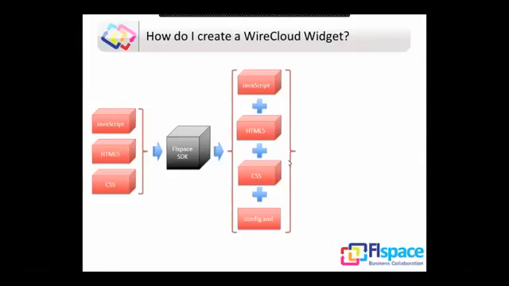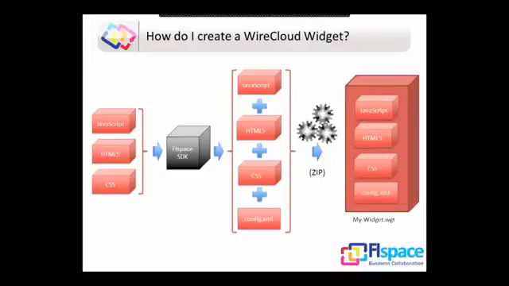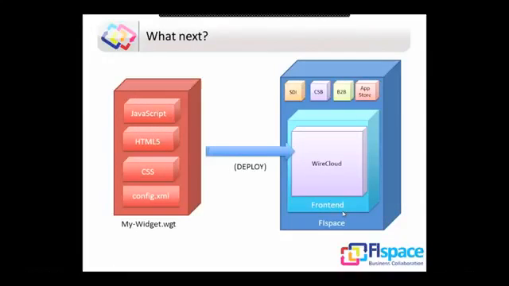The SDK will provide you the folder structure and the files needed to create a widget, and shipping it, giving it a special extension, you will have your first widget. And the last thing that you need to do is just go to the FISpace front end and go to the widget section, upload it, and you will have it running.